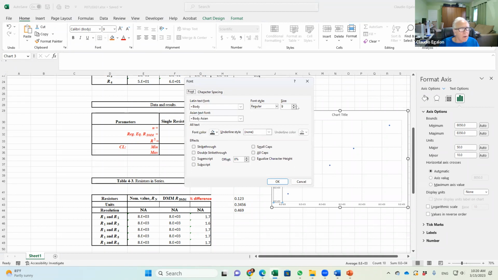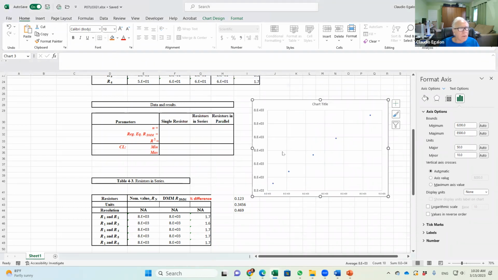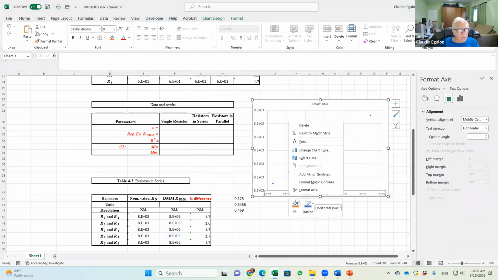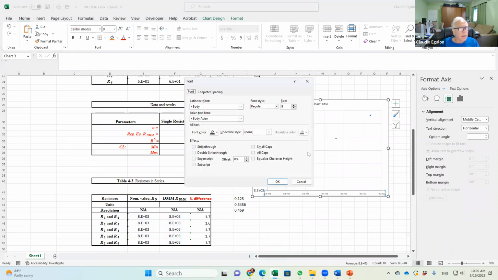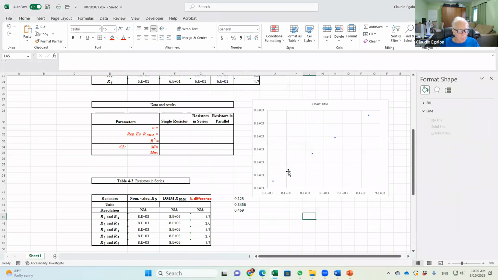Yeah. Okay. Let's increase it to 14 so you can see better. 14 seems a little bit small too. Don't forget to put the labels of the graph, 14 as well. Okay.